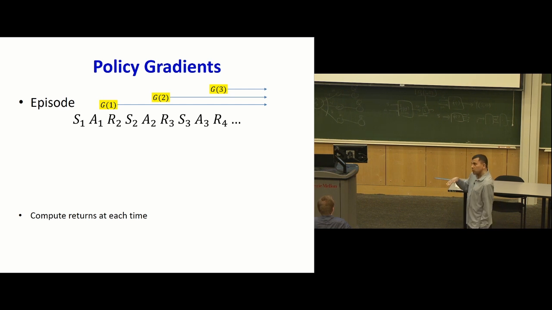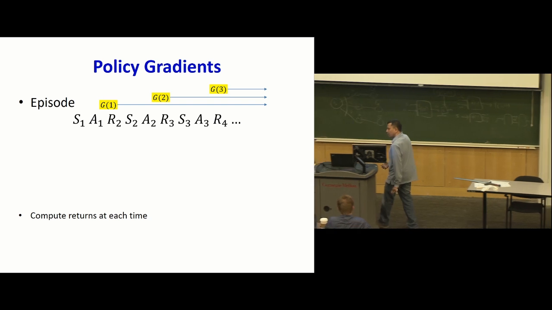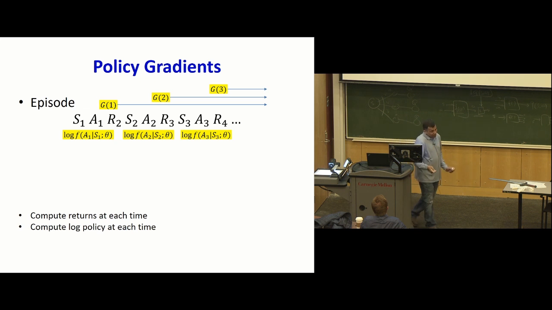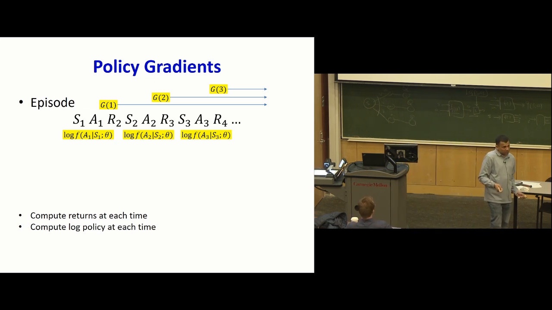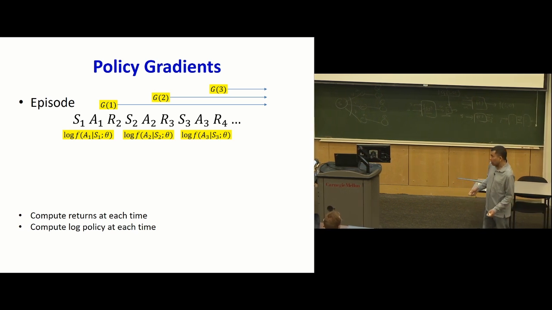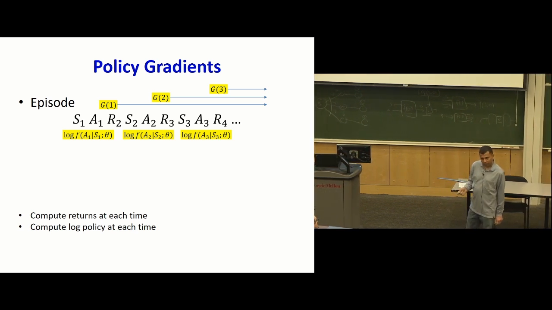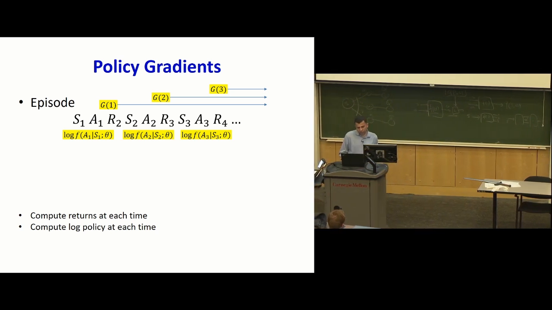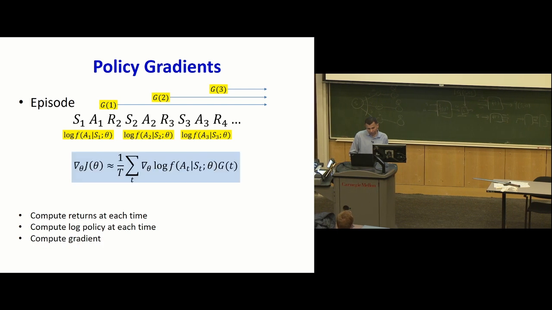So you're actually going to be using the current policy function to compute your episode. And once you do that, at each time over the episode, using that function, you can compute the log of the probability of each state action combination. So the next step would be to compute these log probabilities at each time.